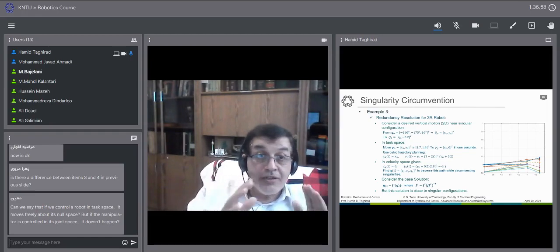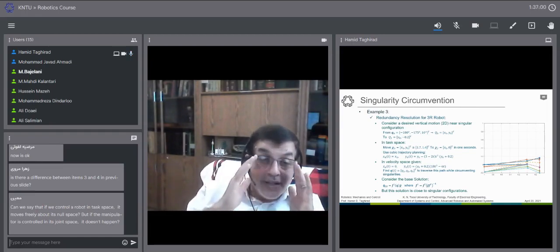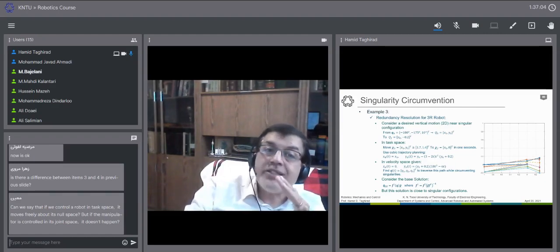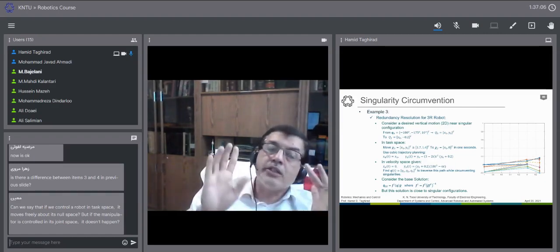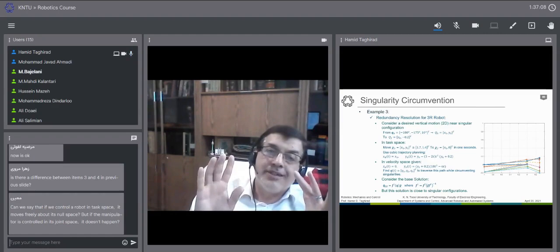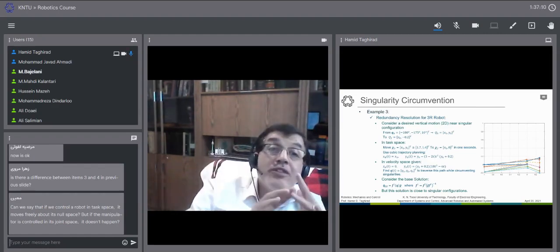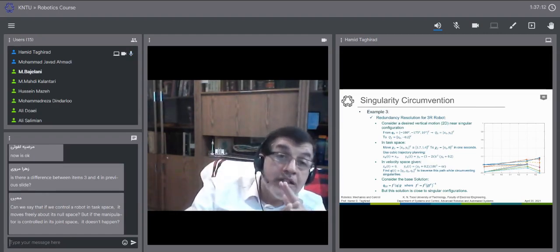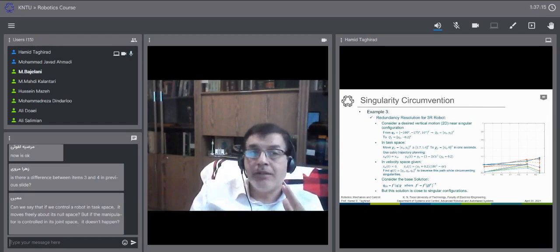Just to finalize your question, first, what is required for us is in the X space, in the task space. But what we control is usually in Q space.